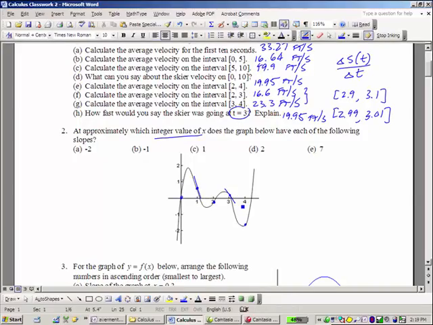And I exaggerated a little bit there, but can you imagine if we zoomed in at 1, it doesn't look like a curve so much anymore, but it looks a lot like a line. And if I zoomed in on 3, it doesn't look like a curve so much, because it looks like a line.